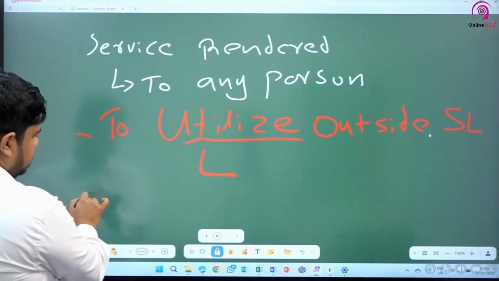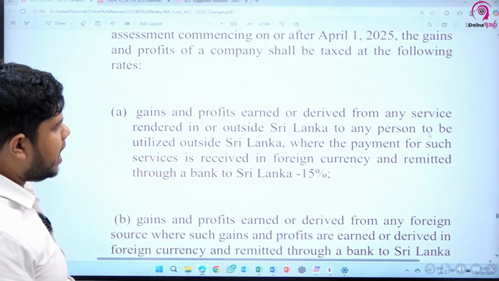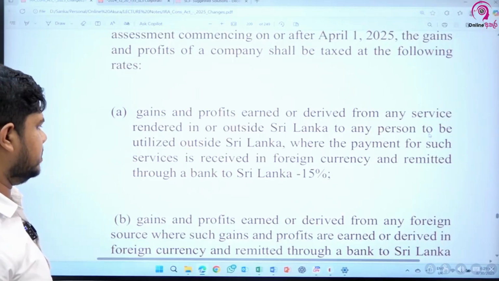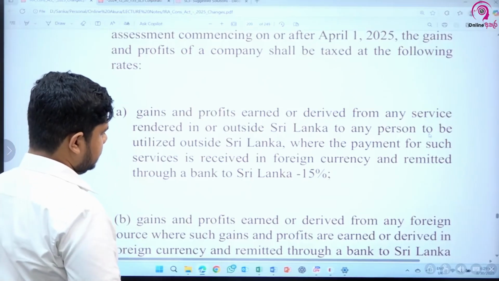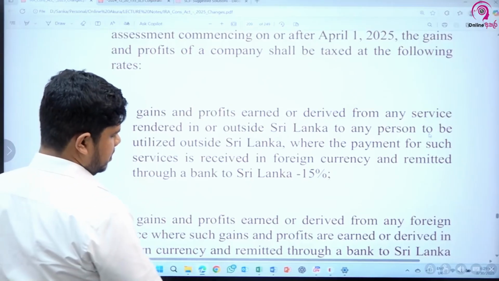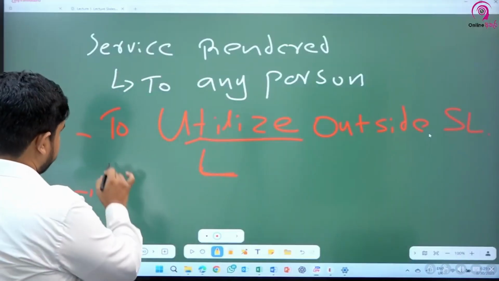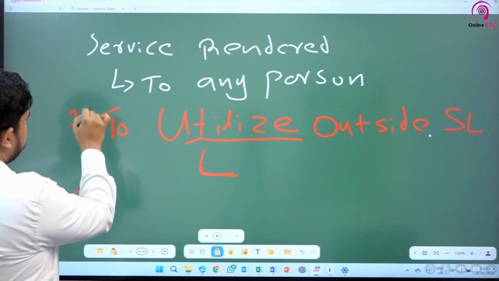Let's see other criteria also. Where the payment for such service is received in foreign currency and remitted through a bank to Sri Lanka. Through a bank. Next criteria. First one, utilize outside Sri Lanka.